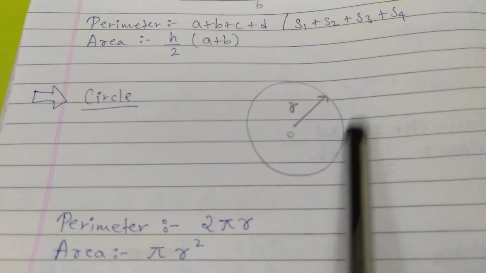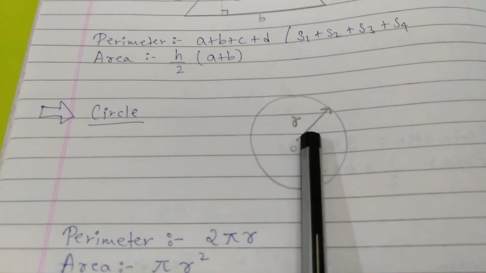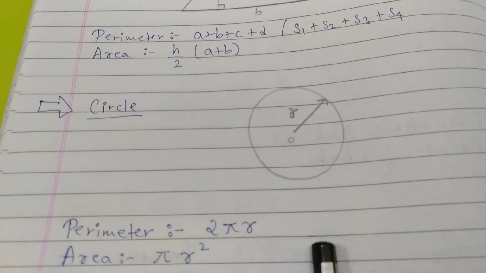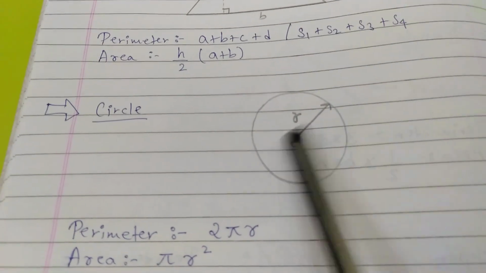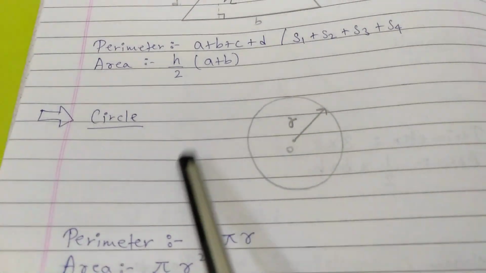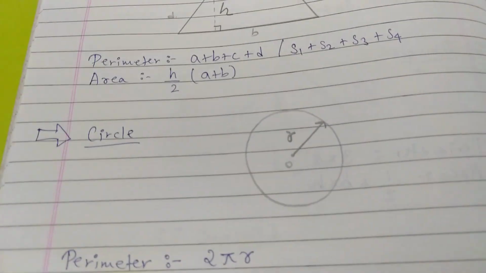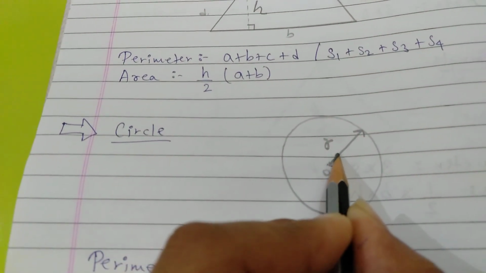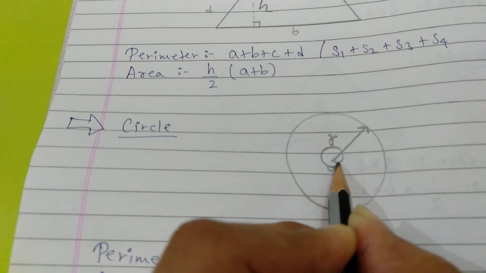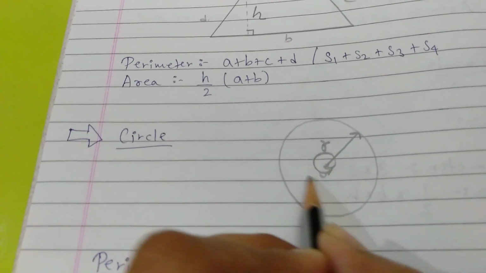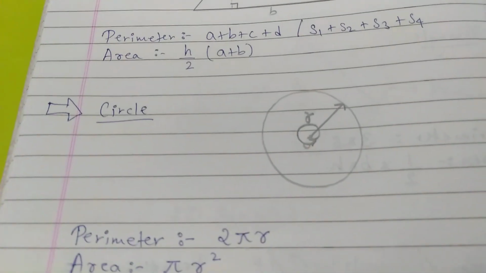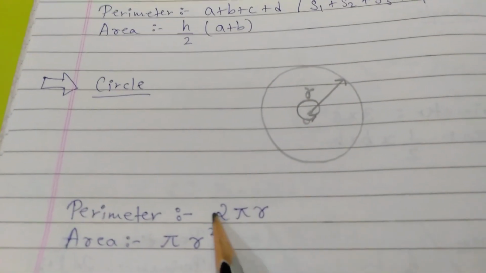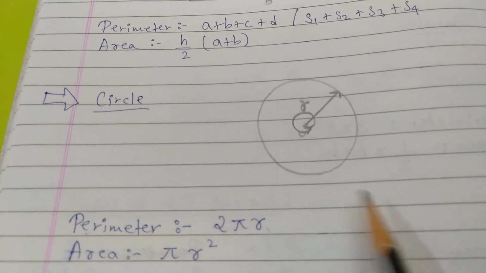Then comes circle. This is the circle, r is the radius, o is the center, and the perimeter is 2 pi r. As we started from here and come back to this point, this angle is 360 degrees, and we can also write 360 degrees as 2 pi. So its perimeter is 2 pi r.